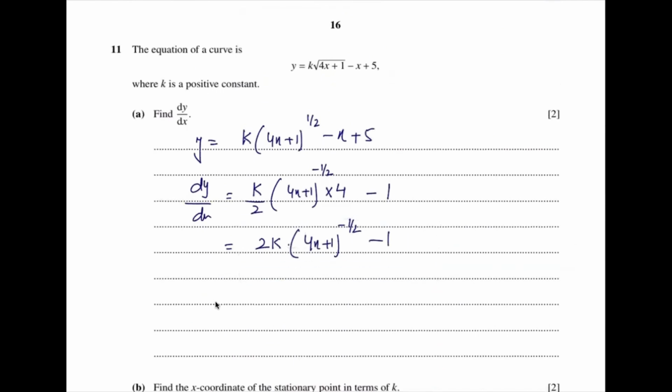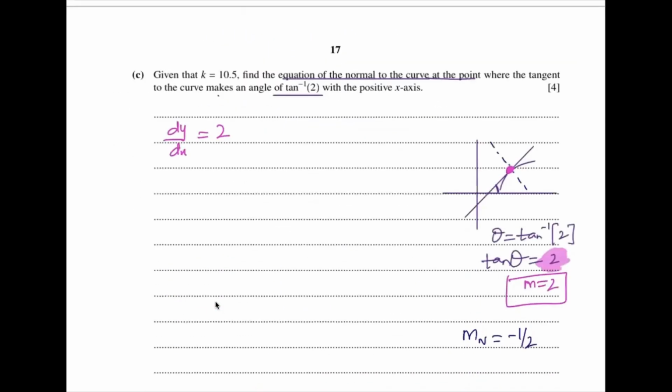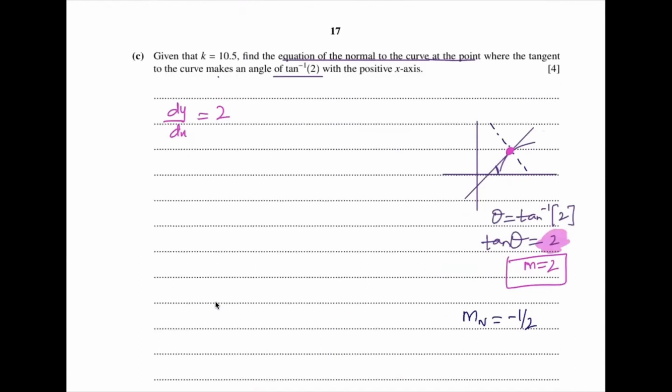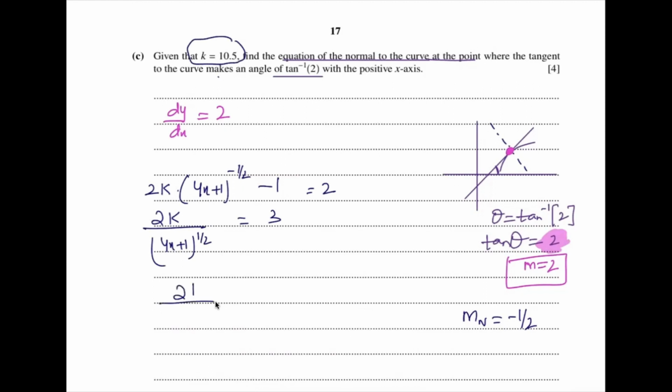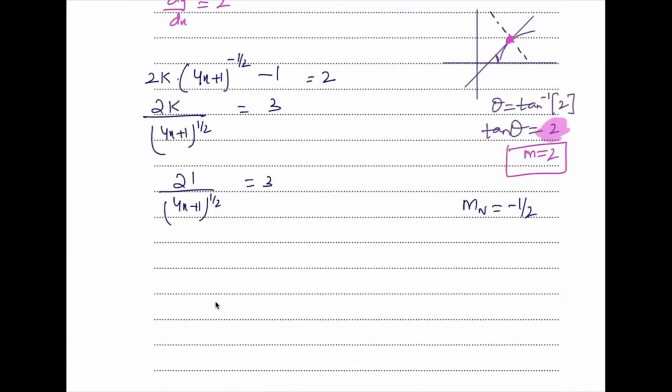So dy by dx expression is here. You're going to equate it to 2. K value is given to you as 10.5. So 10.5 times 2 is 21. 21 equals to 3 times 4x plus 1 to the power of half.